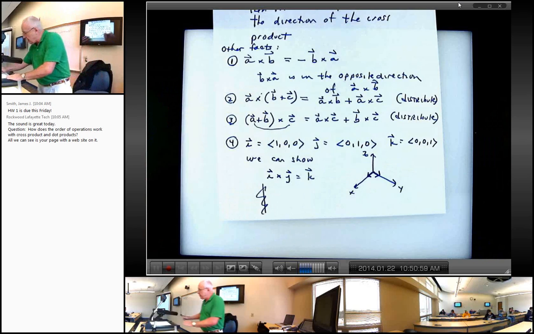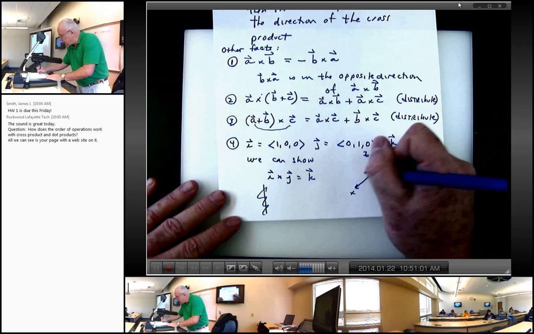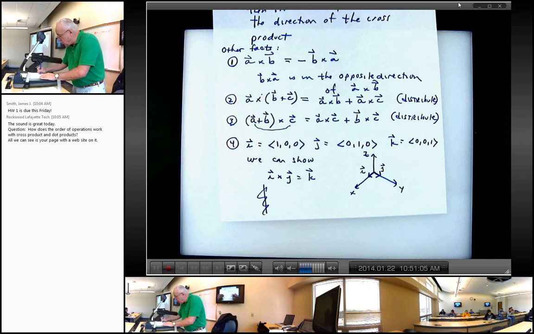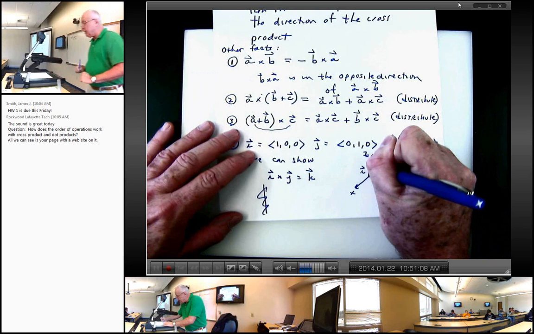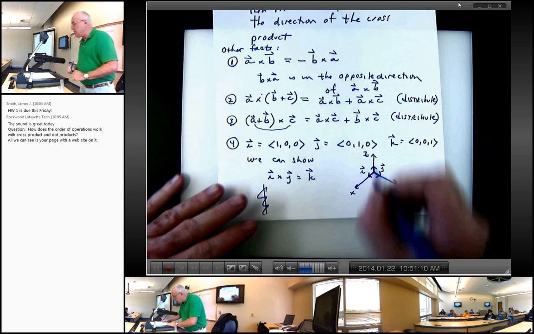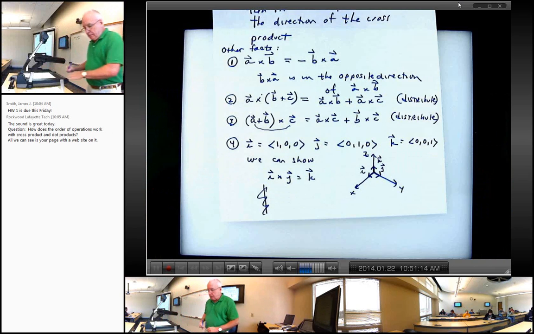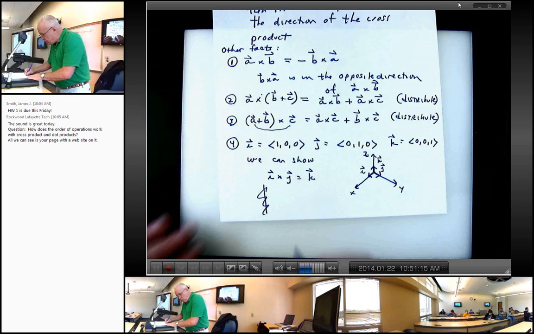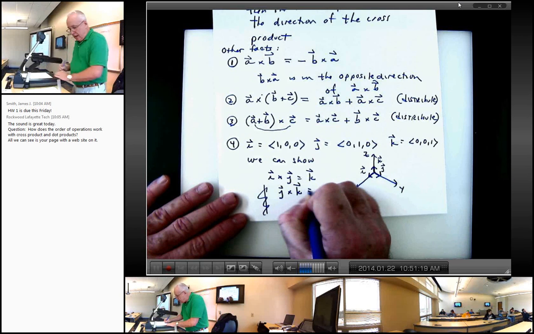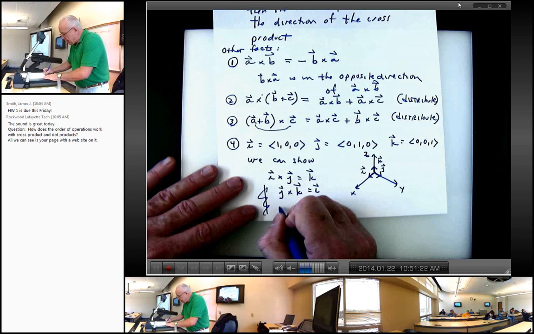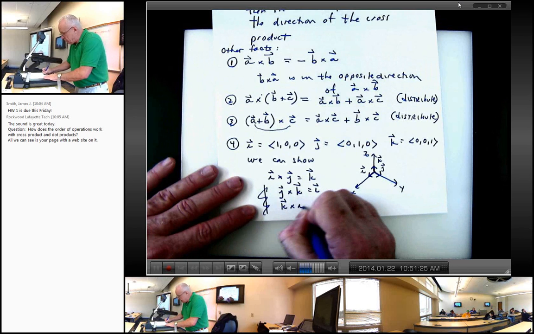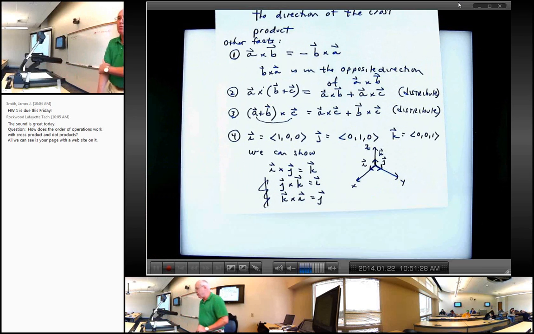So here's our I, here's our J. And when we cross those, you can see using the right-hand rule, we're going to get that vector that's perpendicular to both of them in the Z direction, which is the vector K. Similarly, we can show that J cross K is equal to the I vector. And lastly, K cross I is equal to the J vector, right?